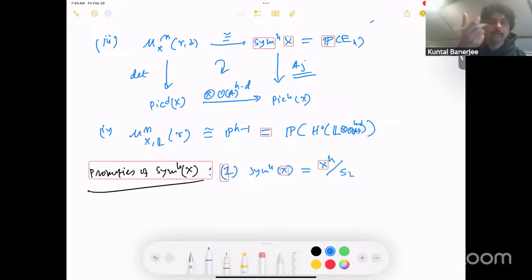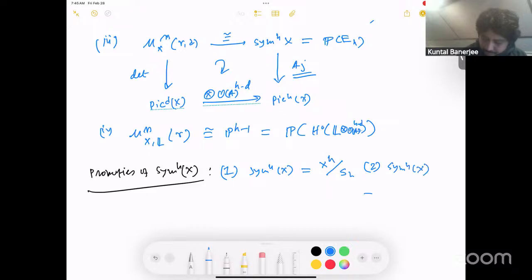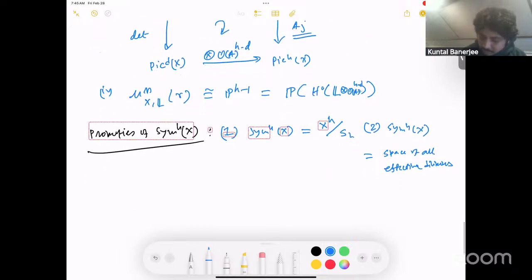So we'll consider two H-tuples the same if they can be changed into each other by the action of a permutation sigma. Or there is another way: Sym^H X is the space of all effective divisors on X with degree H.